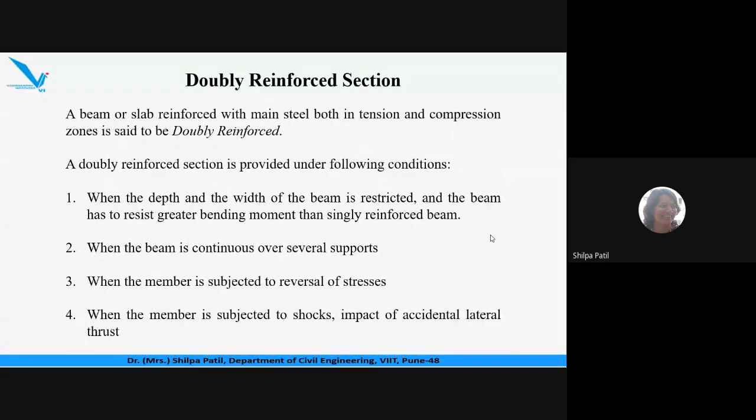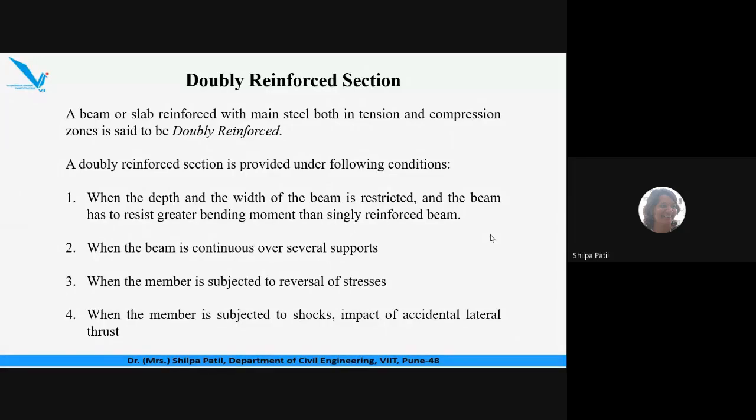So as the positive bending moment is acting at a support, in such cases, for a continuous beam, we need to provide the reinforcement in the compression zone also, because the beam has to resist the positive moment at the support also. That's why when we have to design a continuous beam, we always design it as a doubly reinforced beam. Third situation is when a beam or a member is subjected to reversal of stresses.